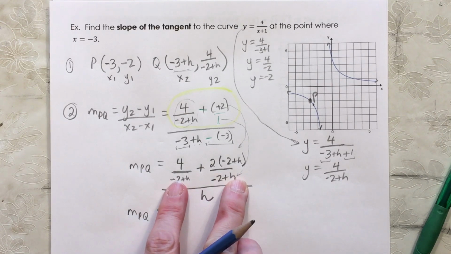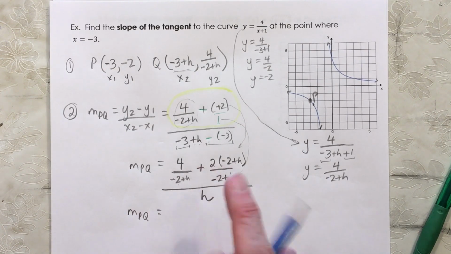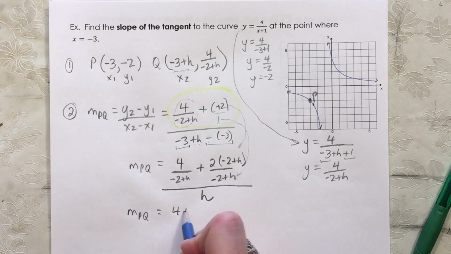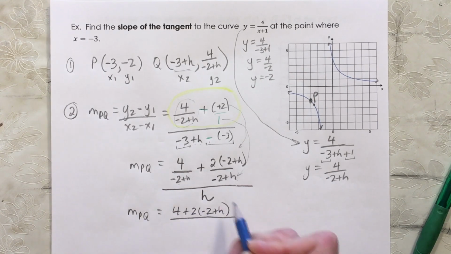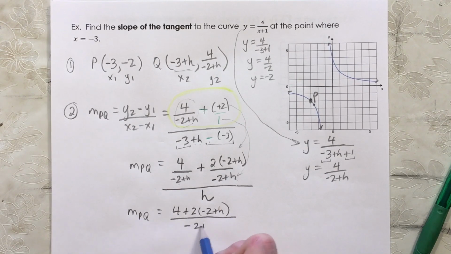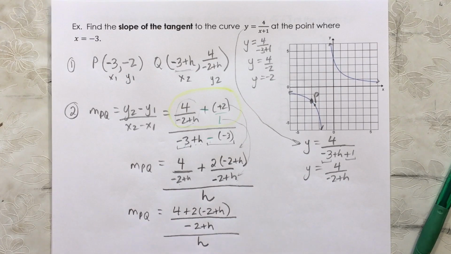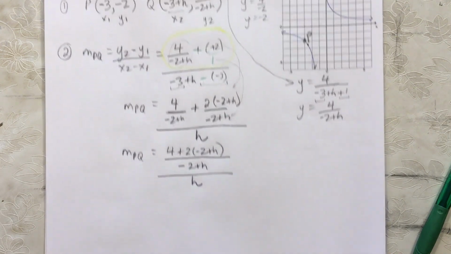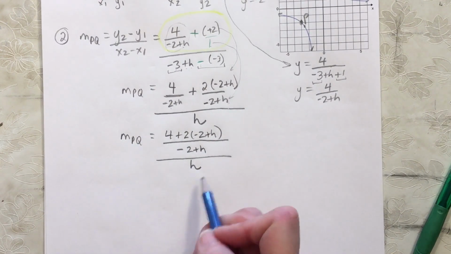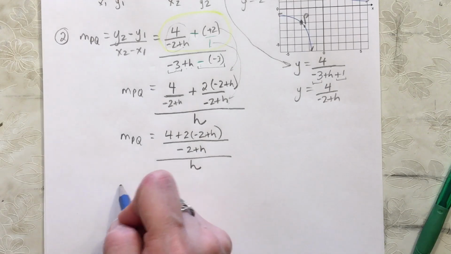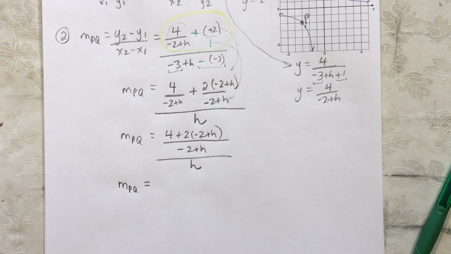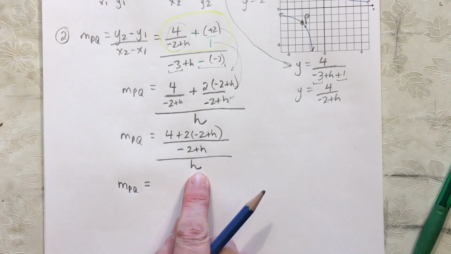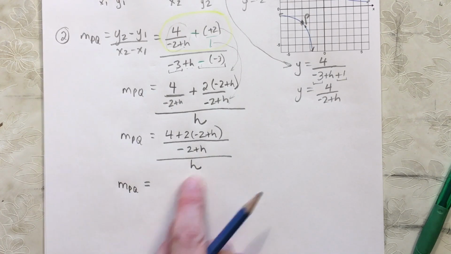Now that we have a common denominator, we can add the numerators over the common denominator, and then that's all over h. Remember, this h is approaching 0, so we don't want to end up with it, because we can't ever have our denominator be 0.